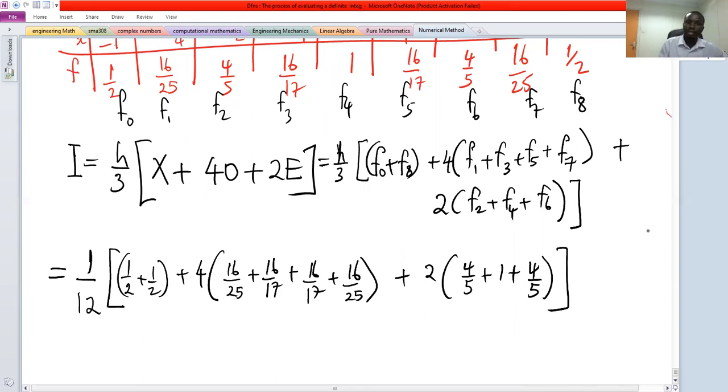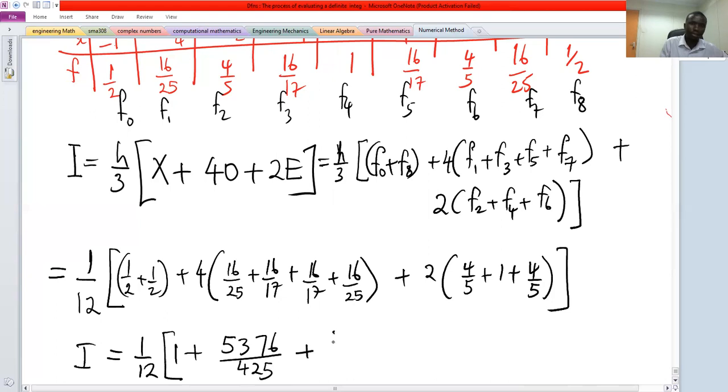When you work this out, you get I to be 1 over 12 into 1 plus 5376 over 425 plus 26 over 5. This will give you 1 over 12 times 8011 over 425.